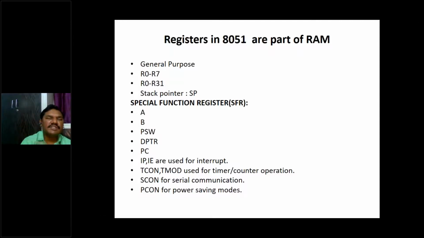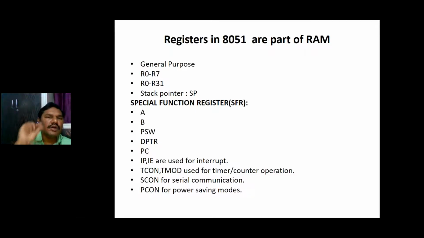All 32 registers are operated at the program level only in the form of R0 to R7, but not R0 to R31. So how can they be called? These R0 to R31 are categorized into 4 banks of 8 registers and function by using the program status word.